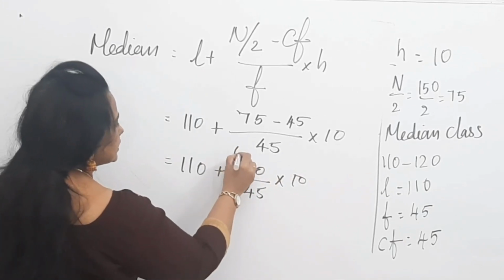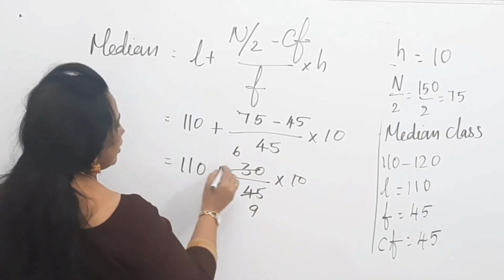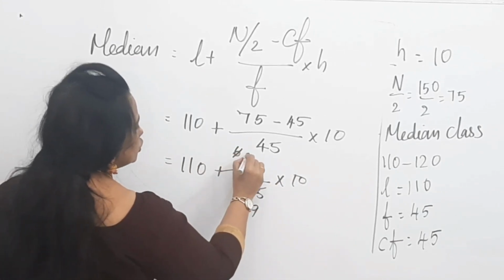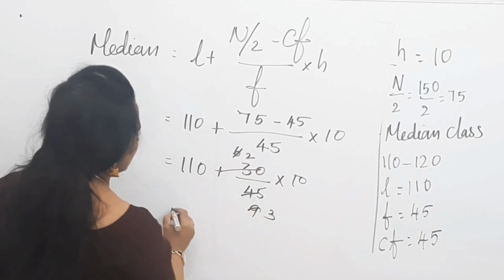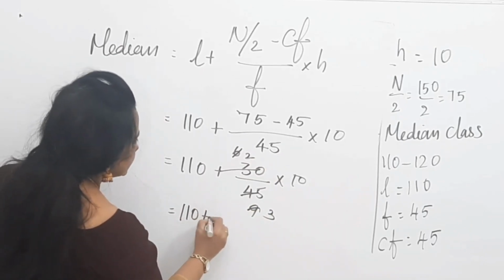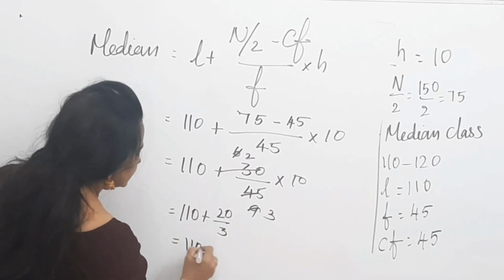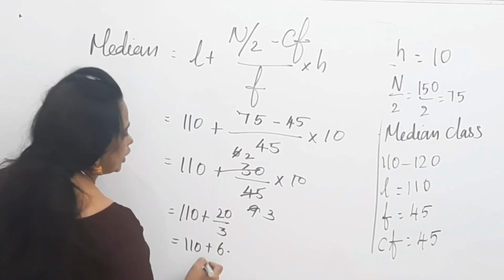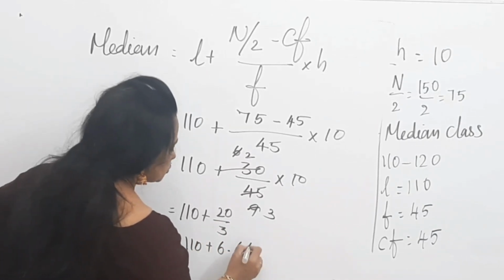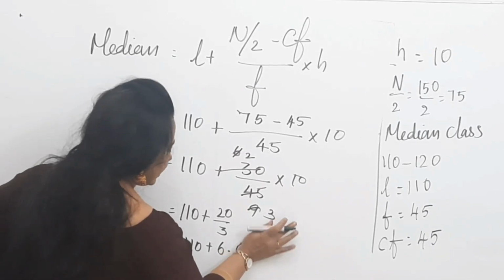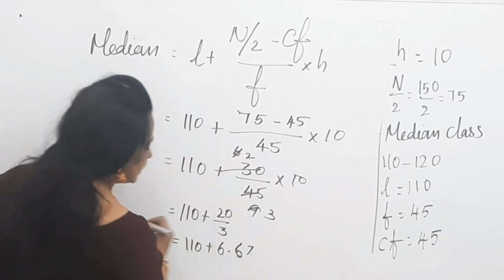Now I cancel it. 5 6s are, 9 5s are, and then 2 3s are, 3 3s are. That is 110 plus 20 divided by 3, 110 plus 6.66, which I can write as 6.67.